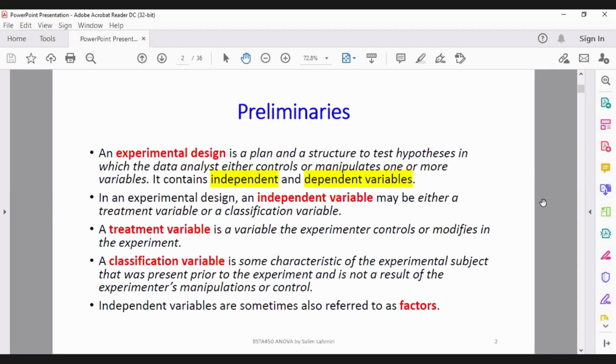So the classification variable is a variable that exists before the experiment, or is used as a reference model or reference experiment to check how the response variable, which is y, has been modified and needs to be compared to the treatment variable, to the classification variable, which is happening before the experiments. Independent variables are sometimes referred to as factors.